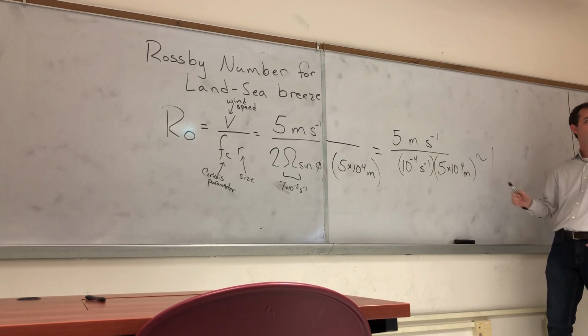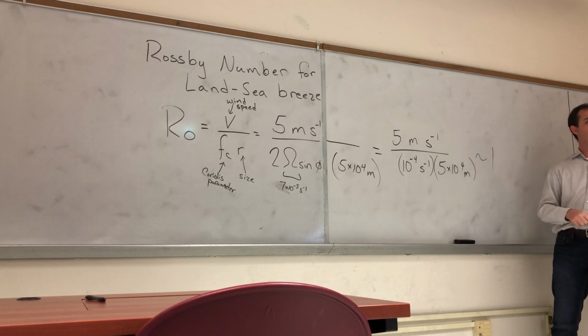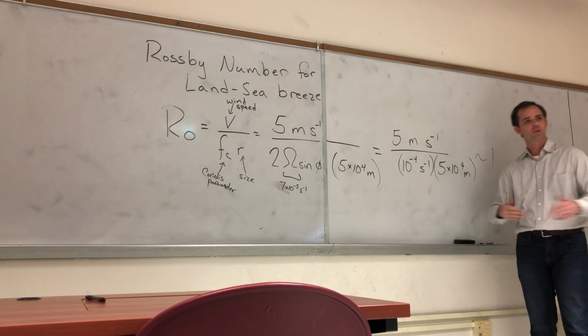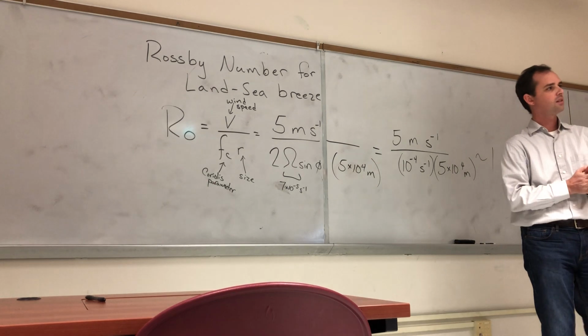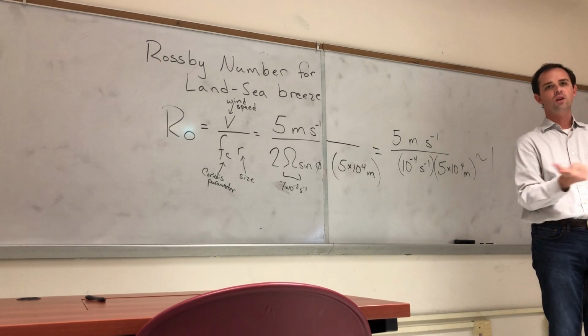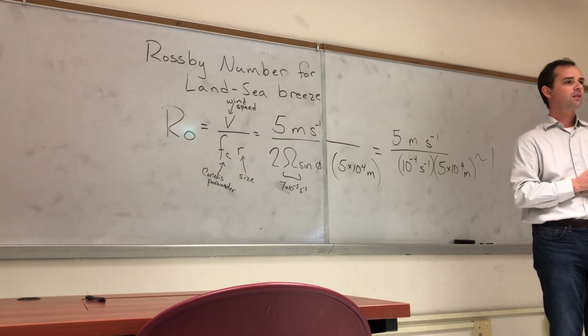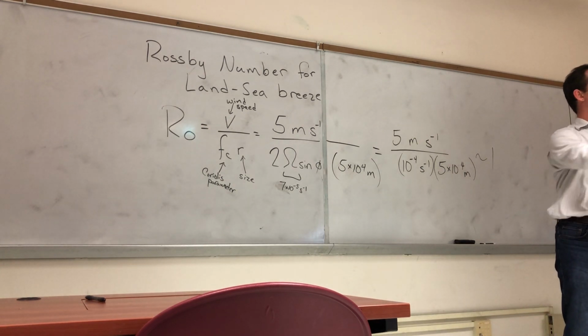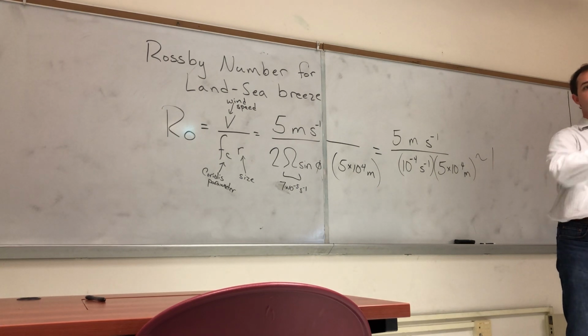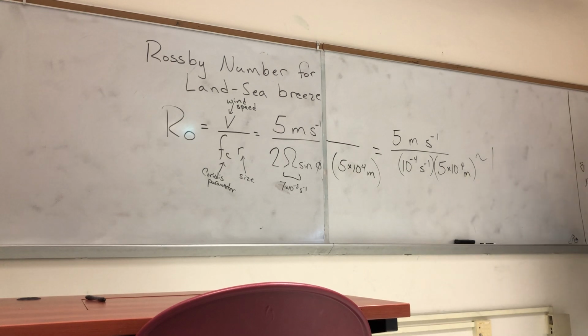And then we'd say, the bigger the sea breeze circulation, the more important the Coriolis force is. And that's what you expect anyway. If the wind is blowing in some direction and you have a small Coriolis acceleration to the side, you're only going to see that if you're blowing a long distance and accumulating that acceleration over a large distance.